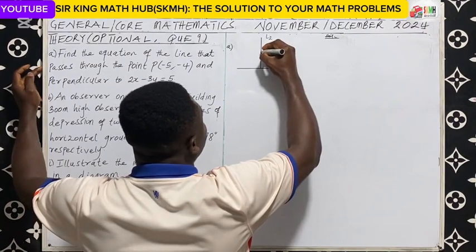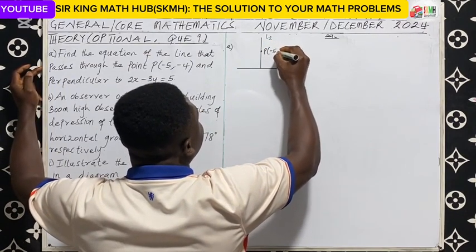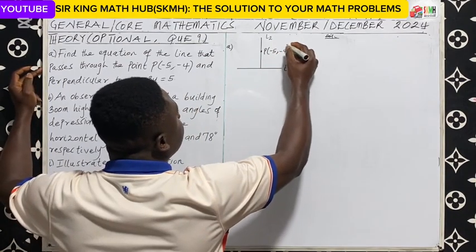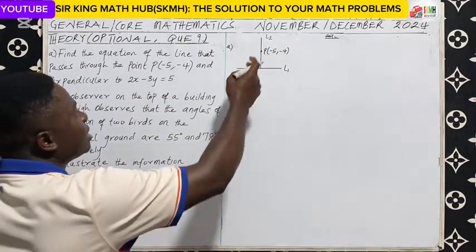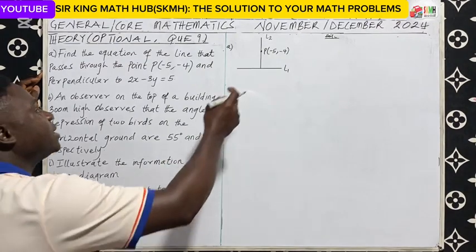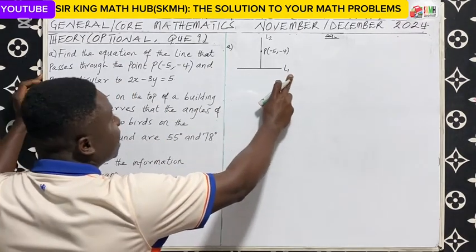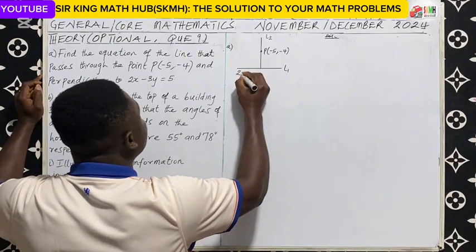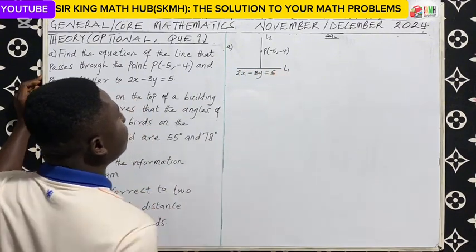So let's say we have a point P with coordinates -5, -4. We want the equation of this line because this line is passing through this point. And this line here, line 2, is perpendicular to line 1. And the equation of line 1 is given as 2x minus 3y is equal to 5.